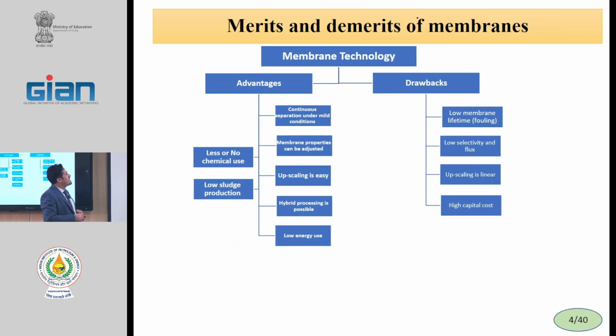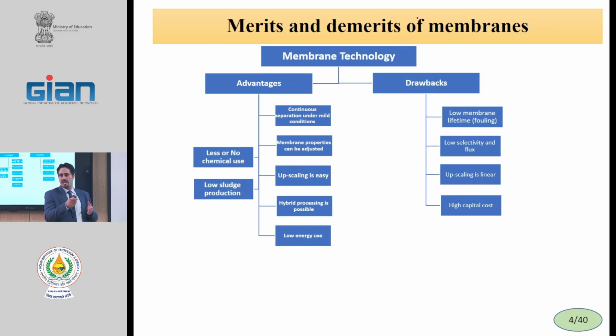The main disadvantage of the membrane is fouling. Fouling means that the productivity of the membrane reduces during the time. The flux reduces or the rejection is reduced. The selectivity is reduced.